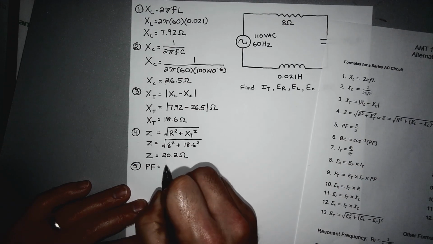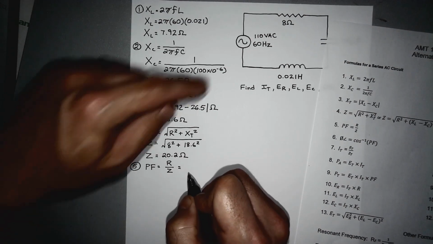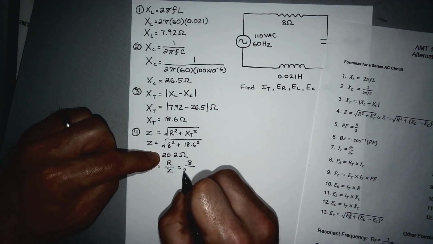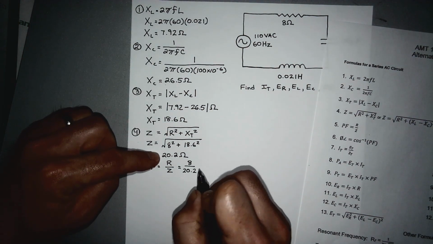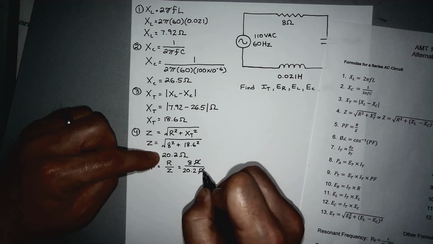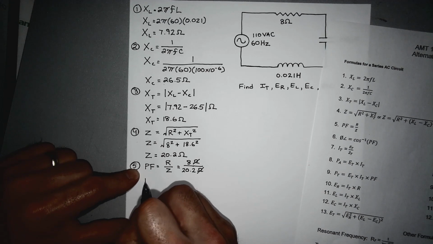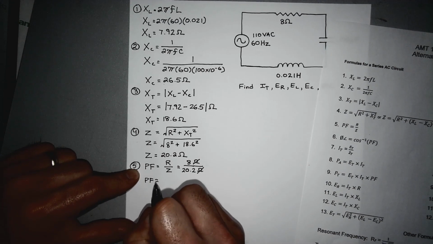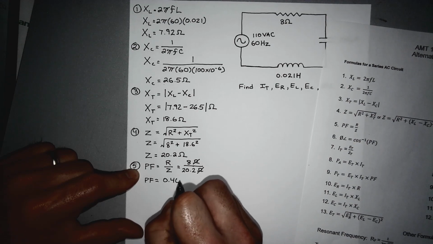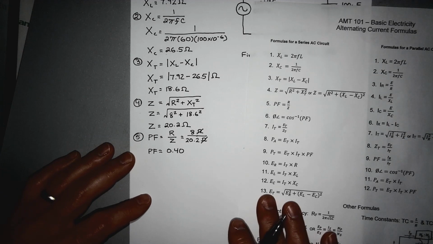Power factor is R divided by Z, where R is 8 and Z is 20.2, and both of those are ohms, so the ohms cancel, and power factor comes out to be unitless. The power factor comes out to be 0.4, and that's it, no units.